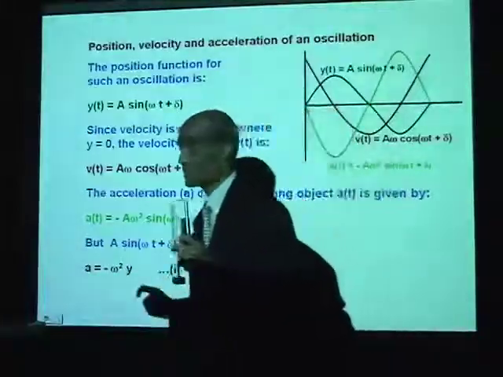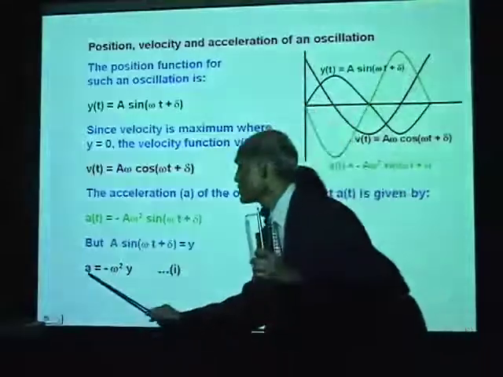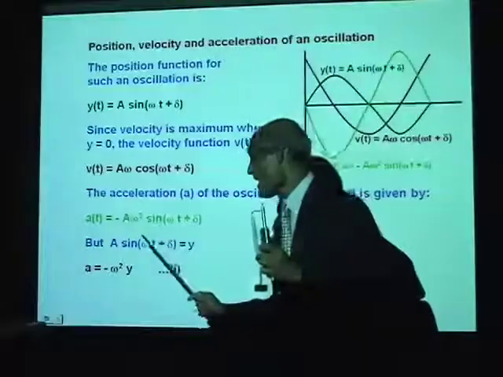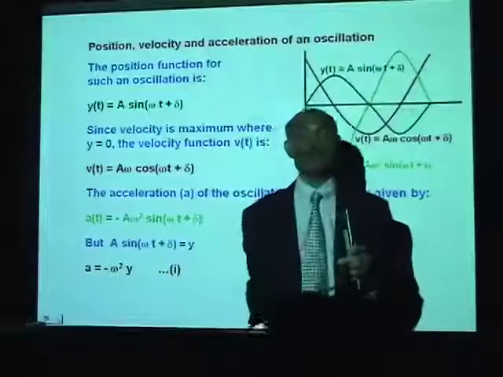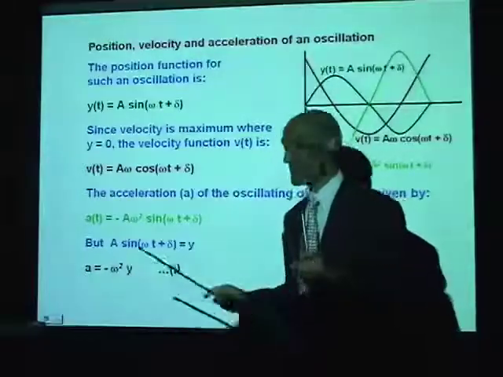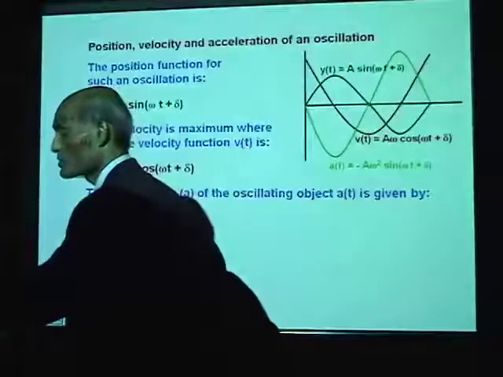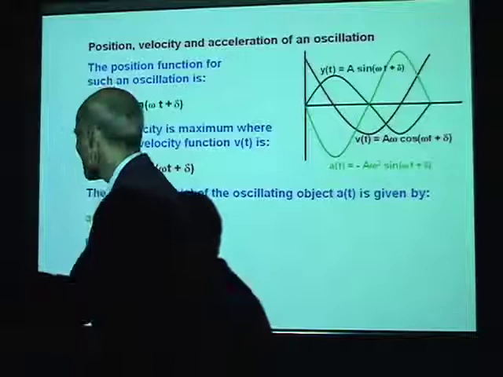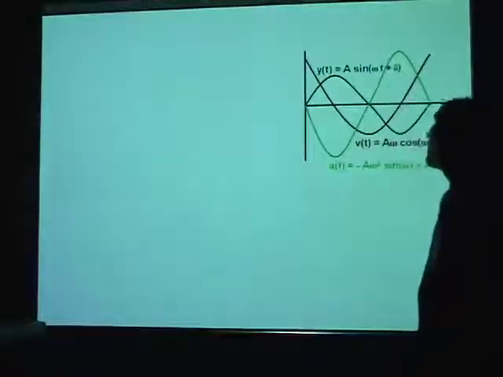There are two things that this equation tells you. The acceleration is directly proportional to the displacement, and the direction of acceleration is opposite to the direction of displacement. Those are the two pieces of information contained in this. And if you put those two together, we describe a very important type of oscillation.